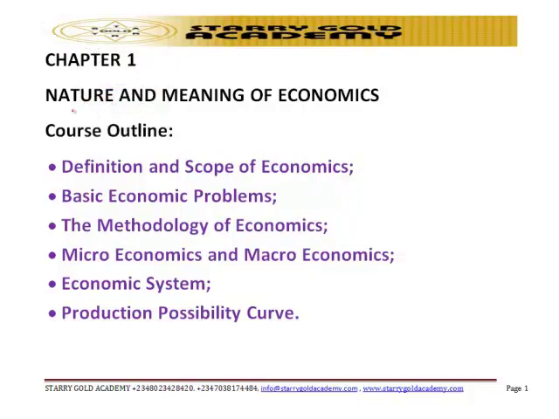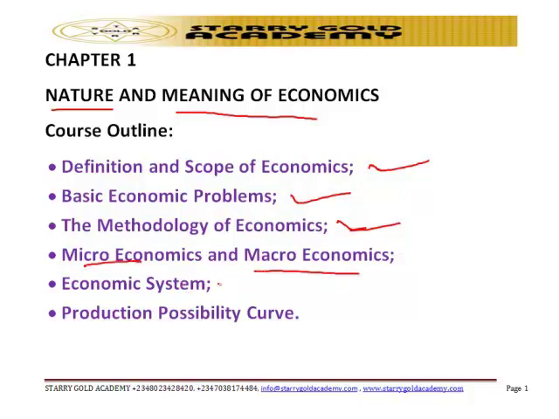Under chapter 1, we'll be looking at the nature and the meaning of economics, and the course outline includes the definition and the scope of economics. We'll be considering the basic economic problems. We'll be looking at the methodology of economics. Also, we'll be viewing microeconomics and macroeconomics.